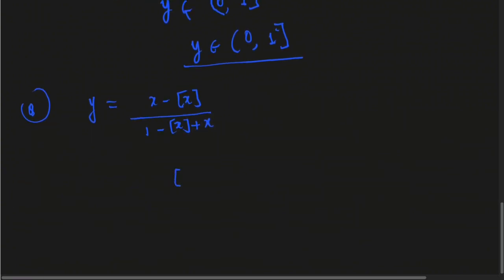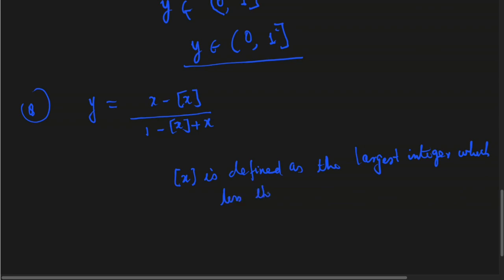The greatest integer of x is defined as the largest integer which is less than or equal to x.